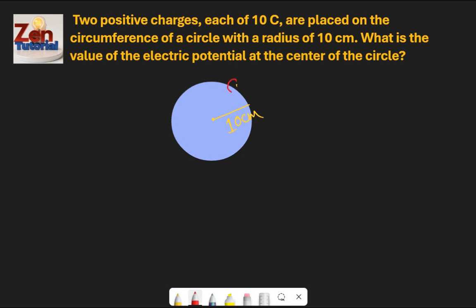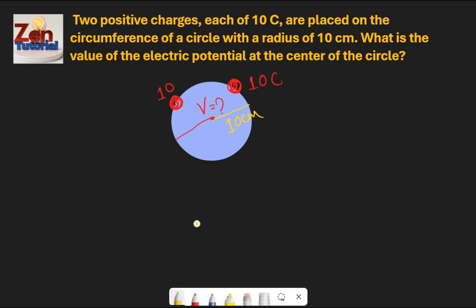So one charge is this one, which is actually 10 Coulomb. Another one, let's say, placed here, which is also 10 Coulomb. What we have to determine, at the center here, what will be the potential V equal to?